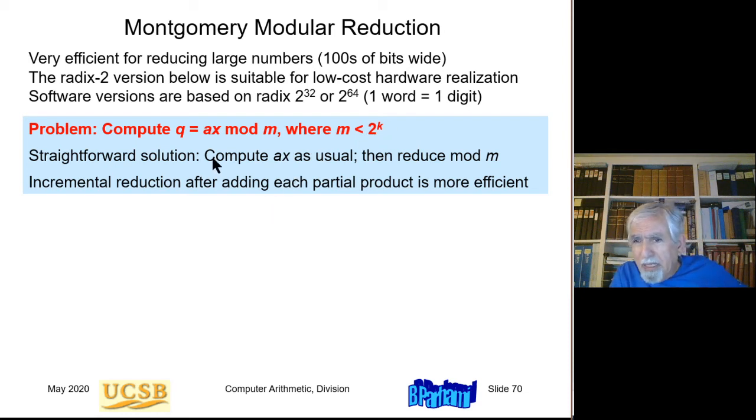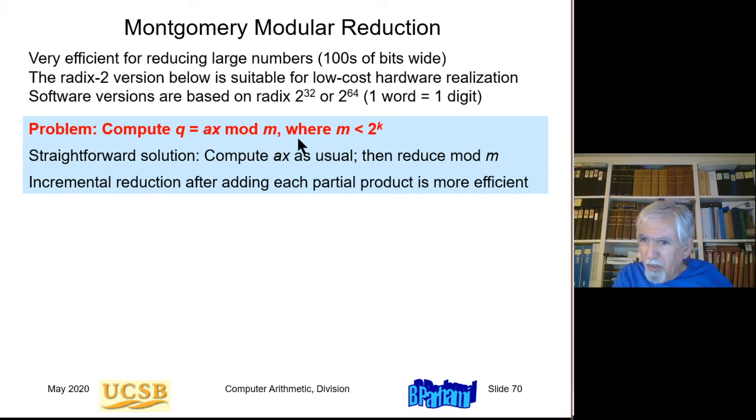One way to do that is just do a regular multiplication, get this double width product, and then reduce it modulo m, but reducing a large number modulo m is tricky. It's not an easy thing to do because you have to figure out what multiple of m you should subtract. And that multiple can be quite large.